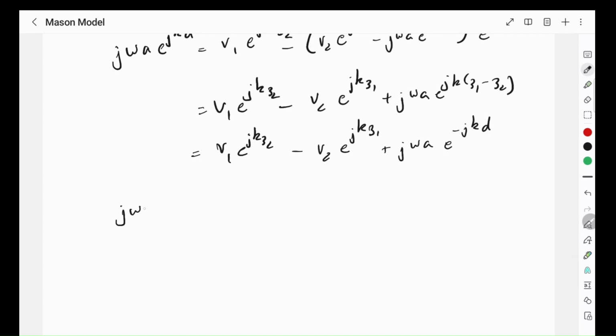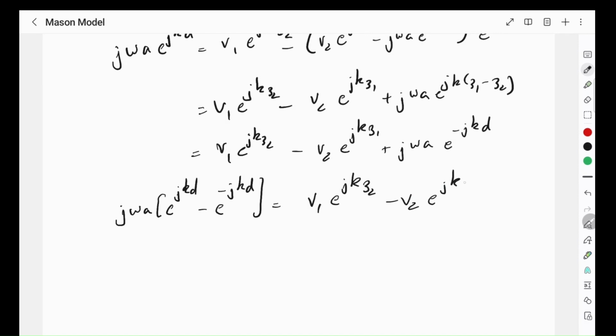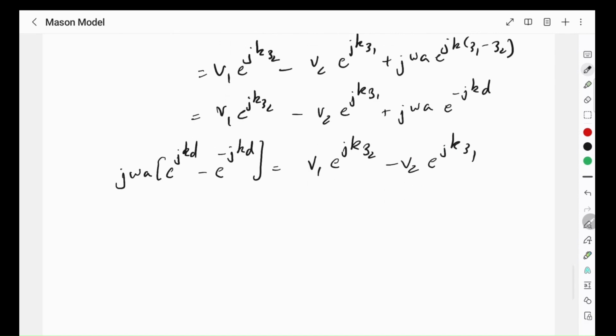So I take it here: j omega a e raised to j k d minus e raised to minus j k d, I am bringing this side, is equal to v1 e raised to j k z2 minus v2 e raised to j k z1.